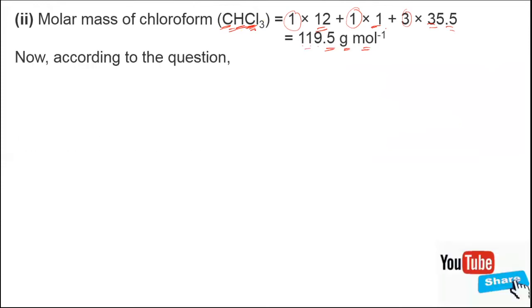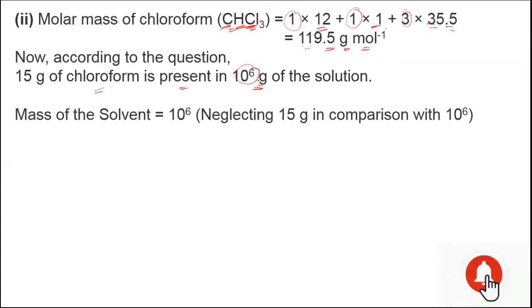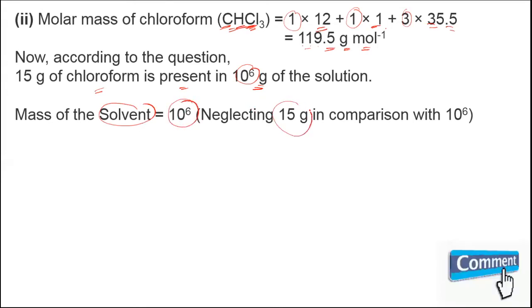Now, according to the question, 15 gram of chloroform is present in 10 to the power 6 gram of the solution. So we can consider the mass of solvent to be approximately 10 to the power 6 gram, because we can neglect 15 gram in comparison with 10 to the power 6.